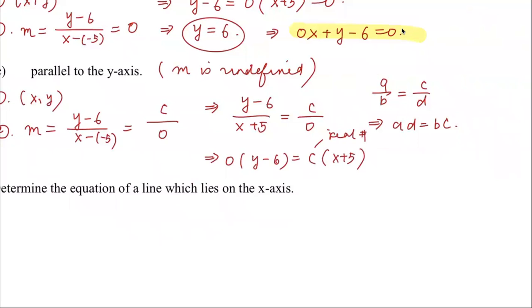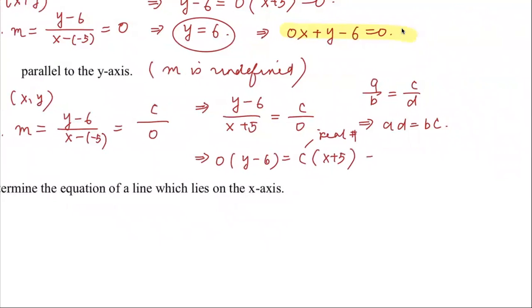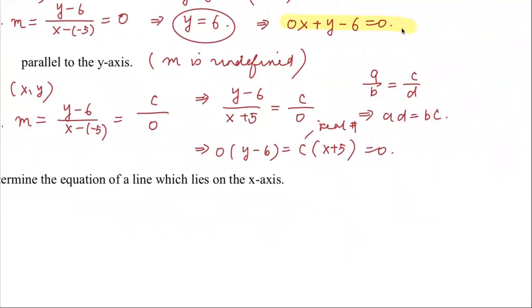Okay, and 0 times (y minus 6), that's just 0, right? So the whole thing is just 0. Okay, and because c is a nonzero number, we can cancel c. We can divide c on both sides of the equation.